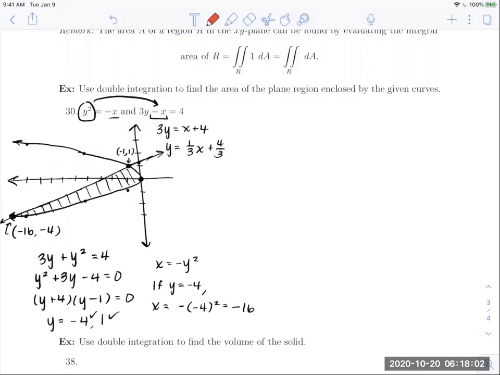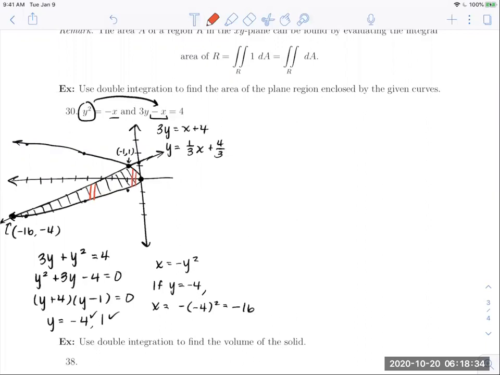If I drew a little strip right here, a vertical one, my upper boundary curve is going to be the line, and my lower boundary curve is the parabola. That's all great and well, but as I continue to move my strips over to the right, once I pass this intersection point here, my vertical strip has a different upper boundary curve.